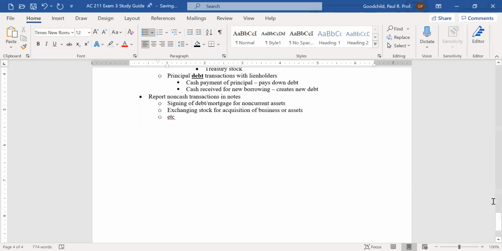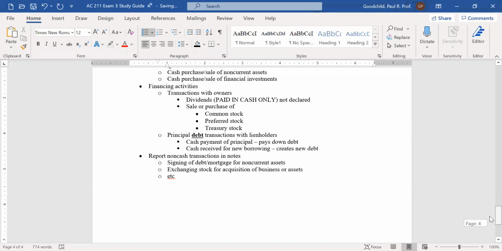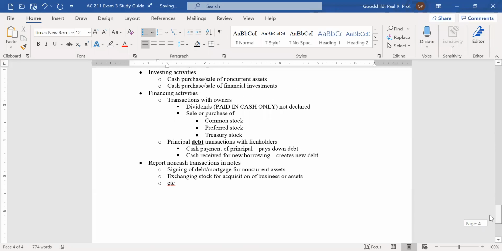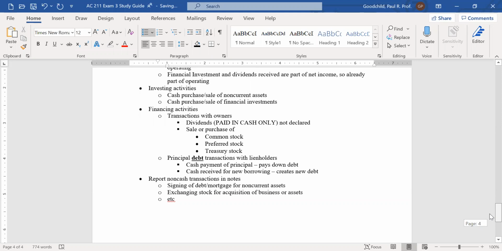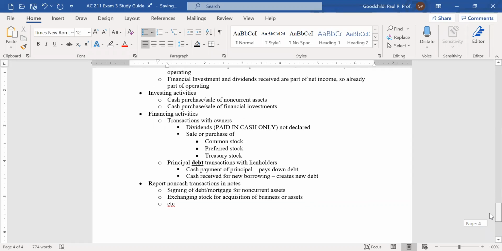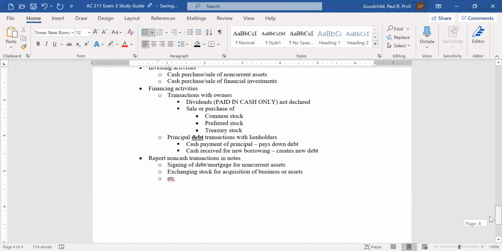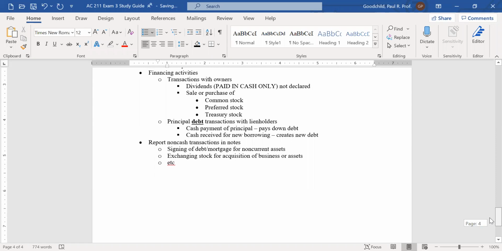So when you open up a loan, like one of the questions on the last homework was asking about when you open up a loan, is it an operating, financing, or investing? And it was kind of confusing because I thought originally that it was a financing activity, but I'm pretty sure it actually was an operating, like opening up a loan from a local bank.